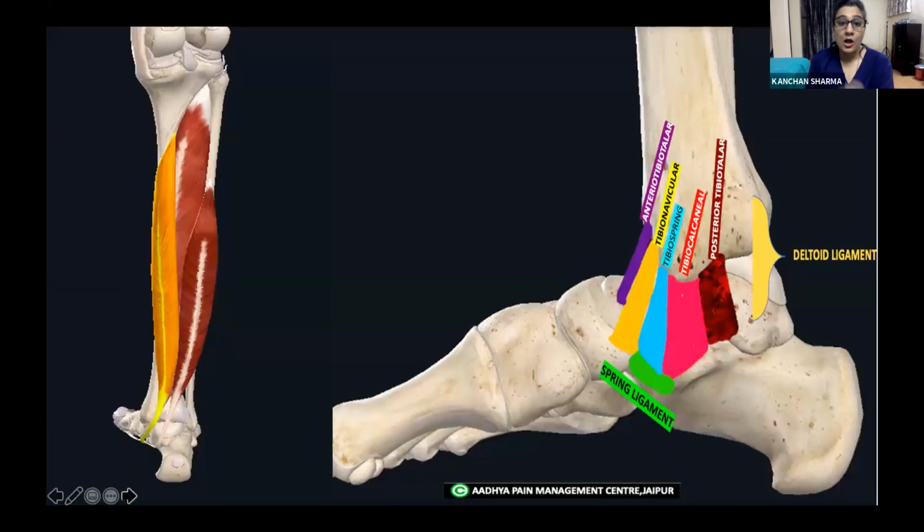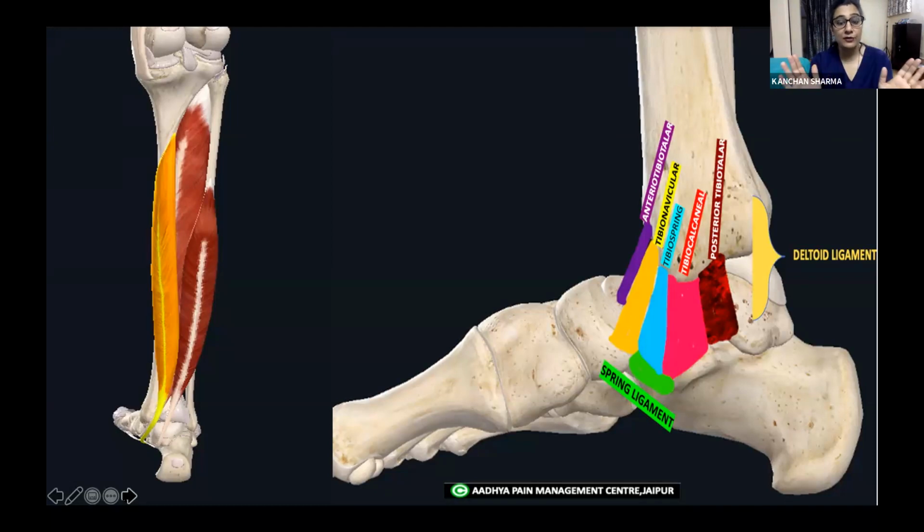Then on the medial side, remember that whatever is coming to the medial side, these muscles take their origin from the posterior side. So in the posterior of your leg, you have a superficial layer and a deep layer. In the superficial layer, the medial and lateral gastrocnemius, along with the soleus, combine to form the Achilles tendon.